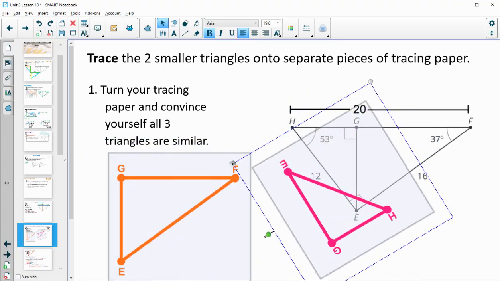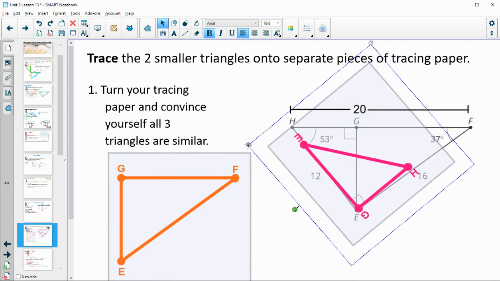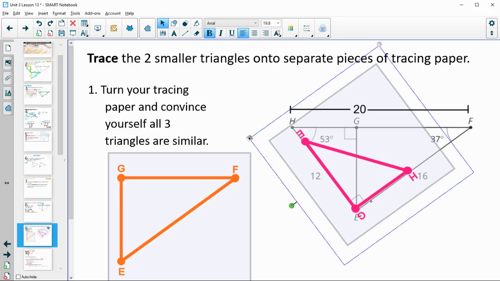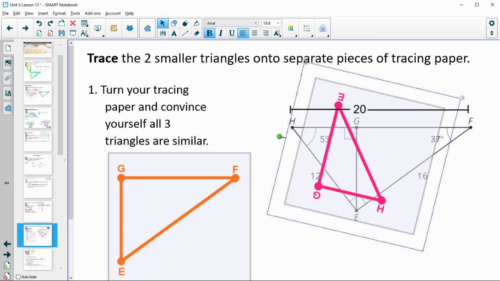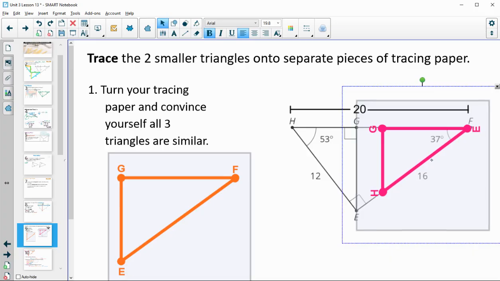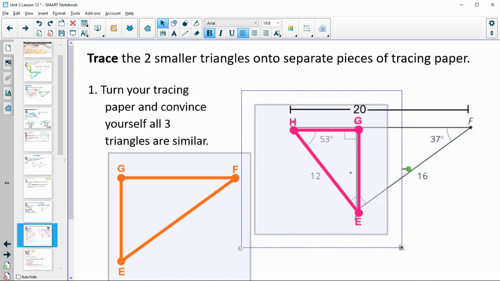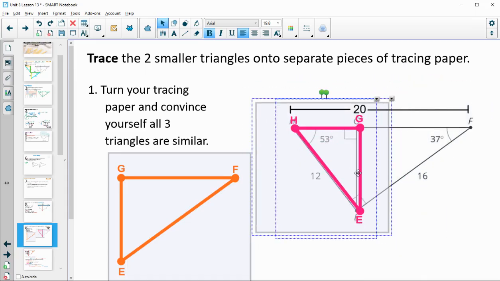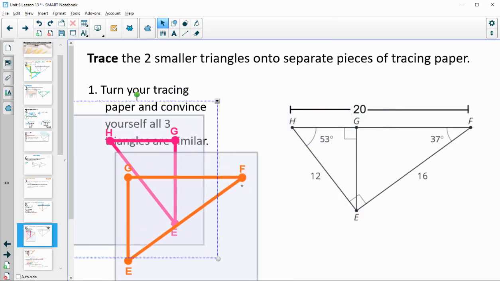So then if we look at this pink triangle to the larger triangle, we can see that it has angles the same by looking here at G is the same as this larger E. And whoops, then also this angle is the same as the larger F. And then H, of course, is shared in both triangles and the same as itself. So certainly that pink triangle is also similar to the large triangle.